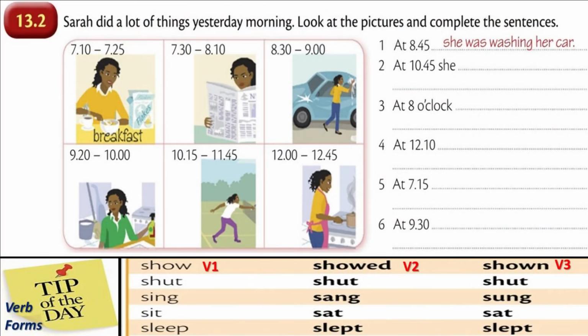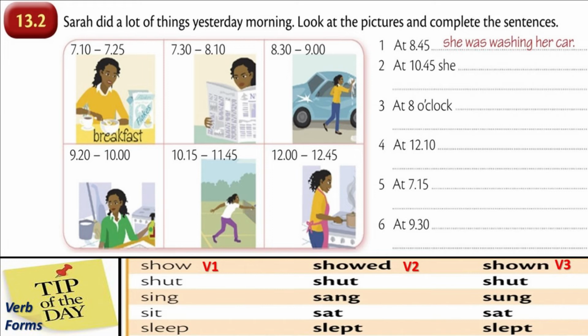13.2. Sarah did a lot of things yesterday morning. Look at the pictures and complete the sentences. Number 1. At 8:45, she was washing her car. Number 2. At 10:45, she was playing tennis.